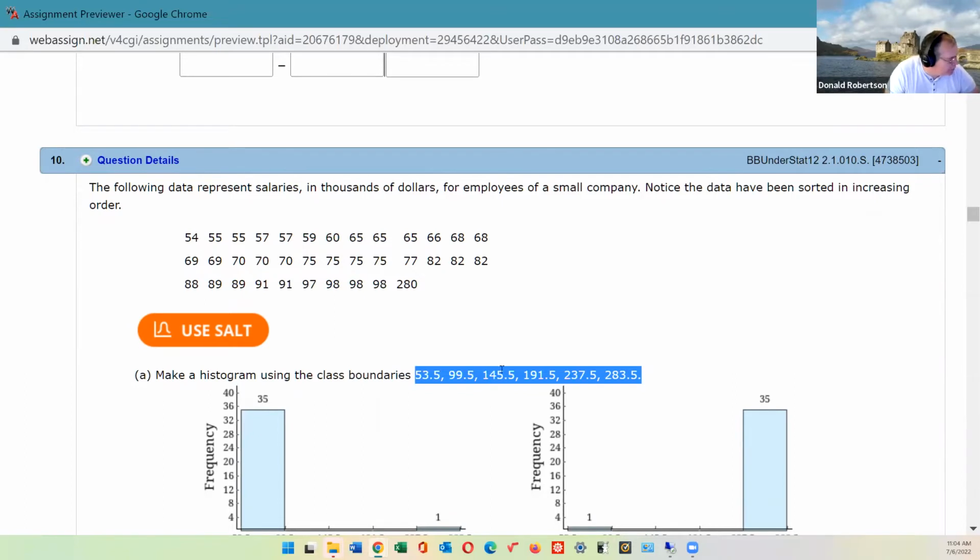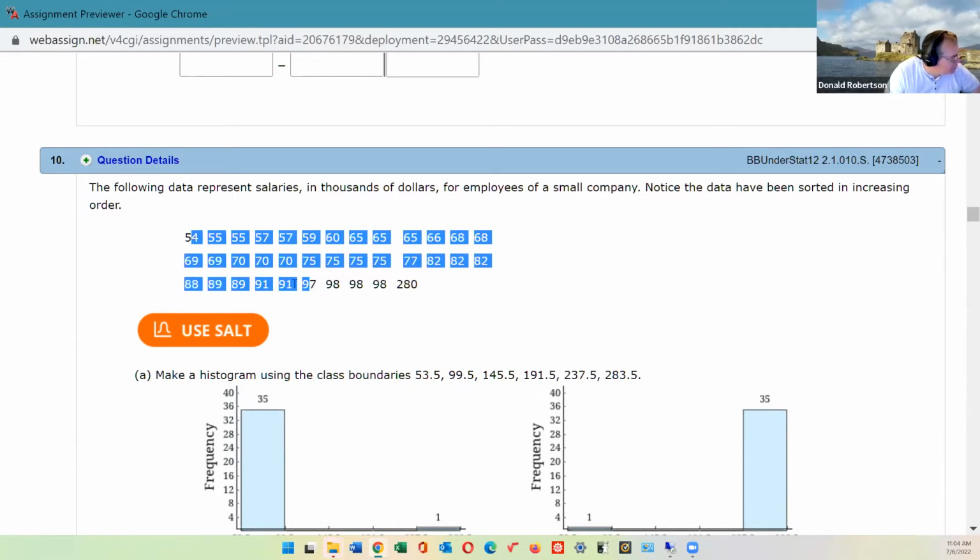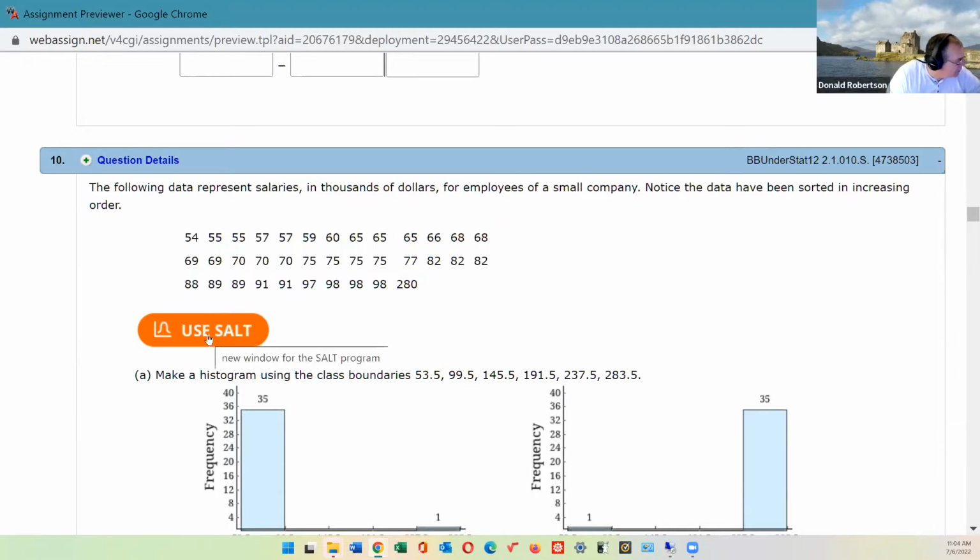So any number in the range 53.5 to 99.5 gets put together as one clump. So if I wanted to know that number, let's see who would work. 1, 2, 3, 4, 5, actually, wouldn't it be all those numbers there? So it's a very ugly looking histogram, but nonetheless, I'll do it.